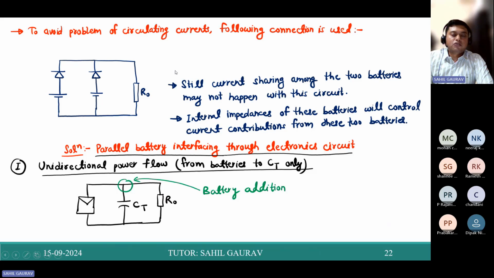So this is not quite a good option to prevent the circulating current. But anyway, if you don't have any other advanced option, then you can use this option also. Another good option is that you have to use some electronic interface while connecting the batteries in parallel.